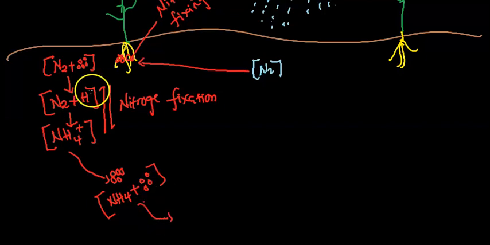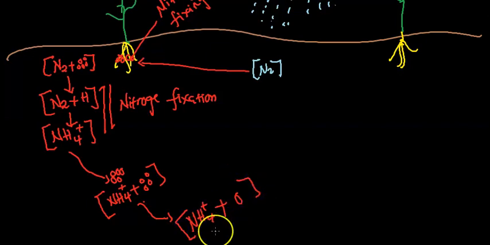The first part is hydrogen, the second part is oxygen. Therefore, there is a positive charge here. Our ammonium ions are now combined with oxygen.